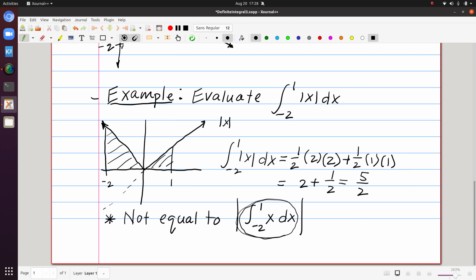So what would happen is we would have a -2 plus our 1/2, so we would end up with -3/2, and then the absolute value of that is 3/2. So in general, we have to be careful if we're asked to do something to the inside, to our integrand. We don't want to assume that that's the same as doing the same thing to the entire integral.